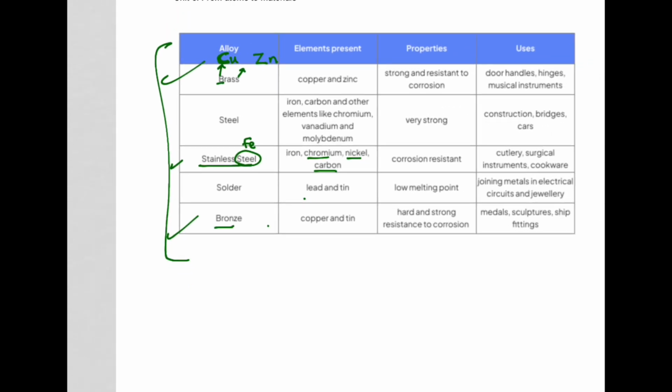And bronze is copper and tin. B leads to C, copper, and Z here actually leads to S, which is tin. Sn is the symbol for tin. So that's how I remember the elements present for these three substances.